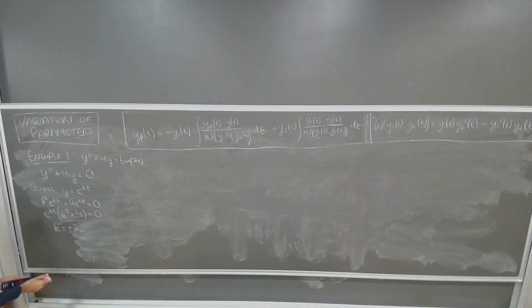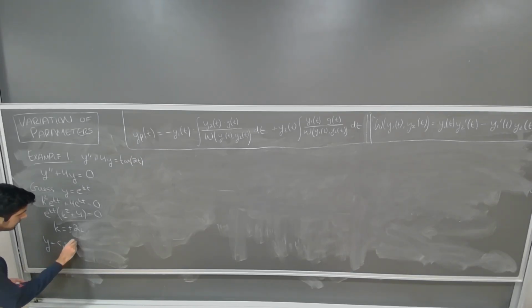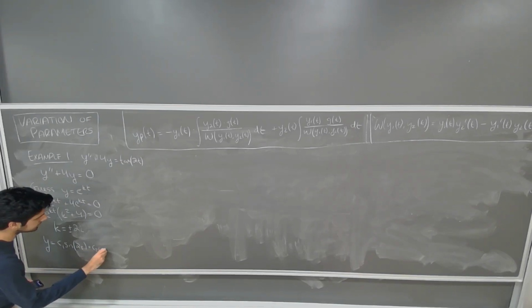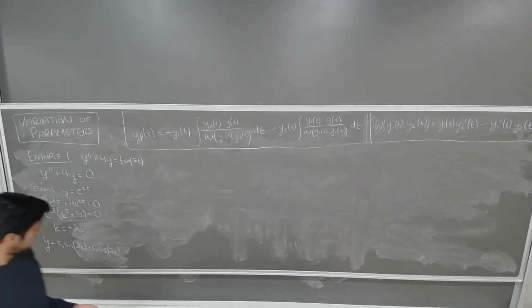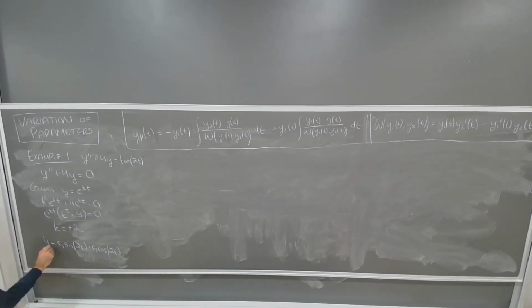And of course, this was all covered in our video on that. So the solution is y equals c1 sine of 2t plus c2 cosine of 2t. And that's our complementary solution.